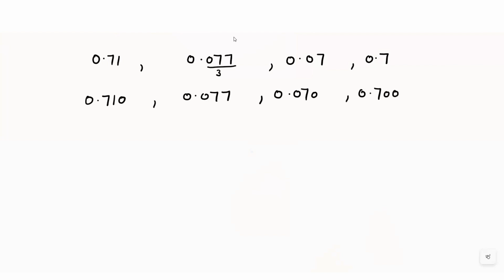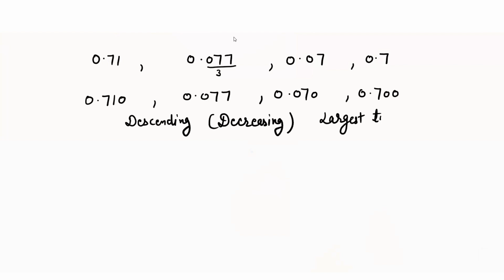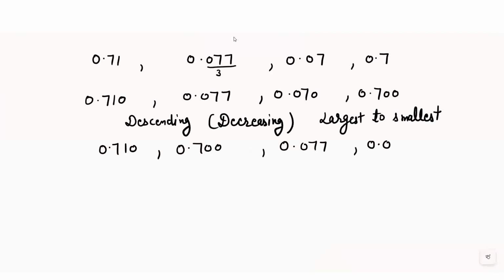Now, if I have to arrange these decimal numbers in the descending order, meaning decreasing order, meaning largest to smallest, then the answer would be 0.710, 0.700, 0.077 and 0.070.